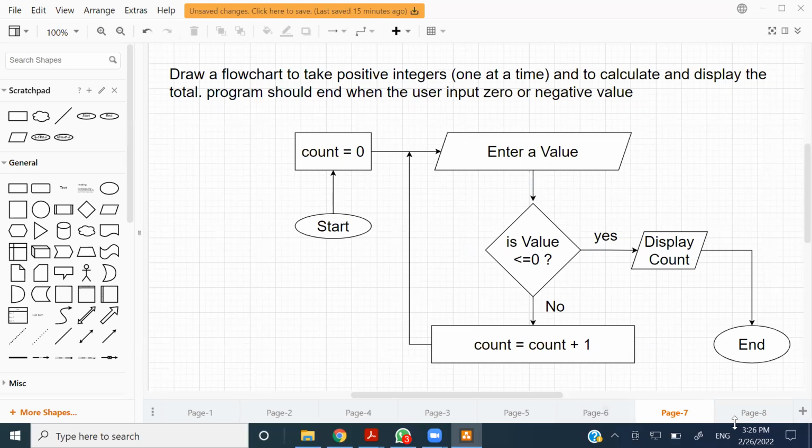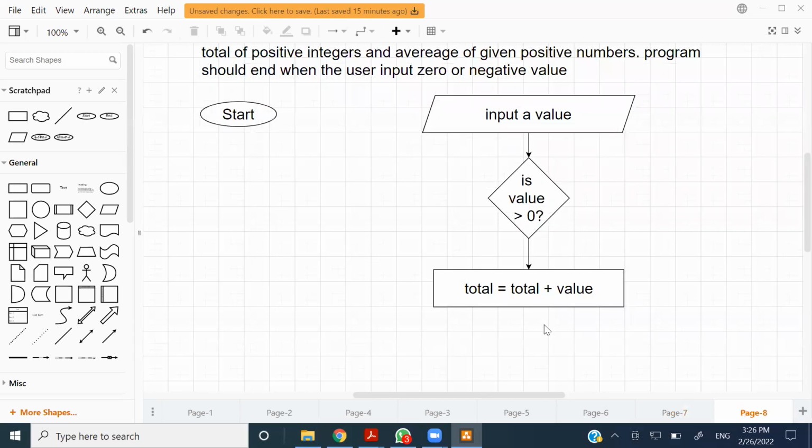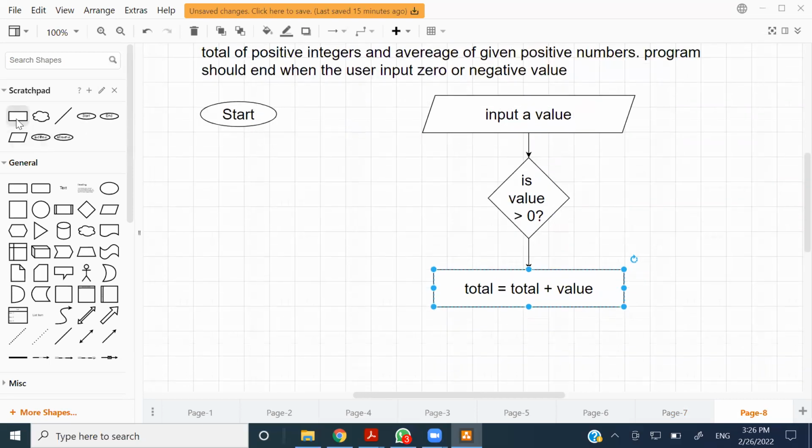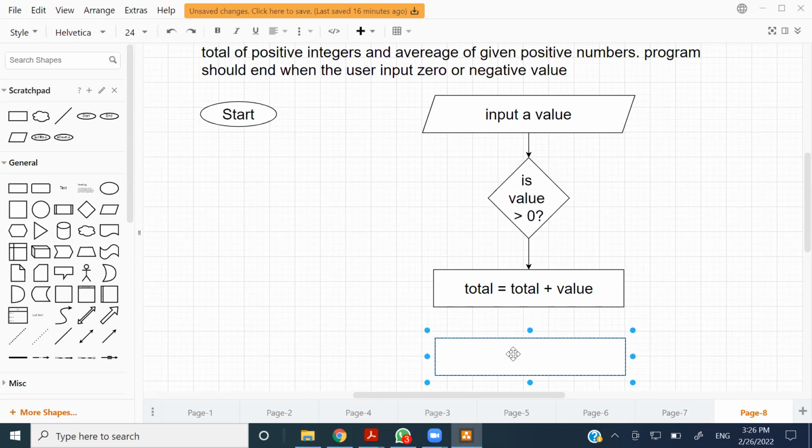Right. So now I added the value given by the user. Then I have to count. The user has provided me one particular value, right? So here I am counting it. I can say count equals count plus 1.